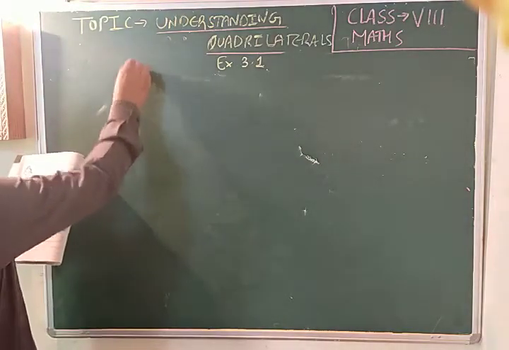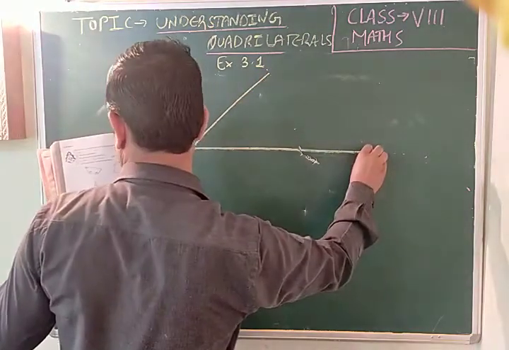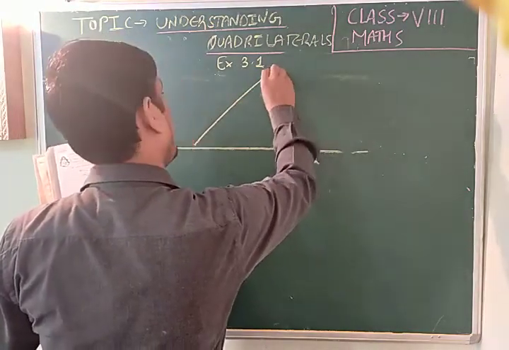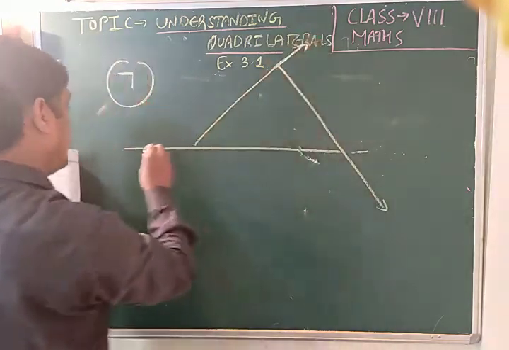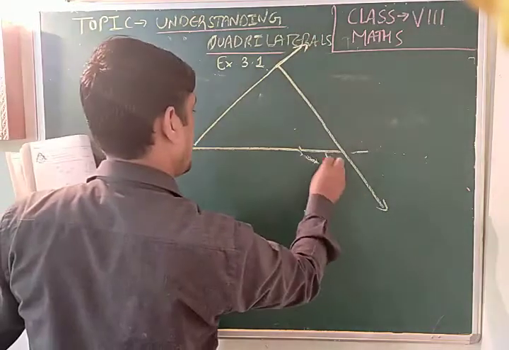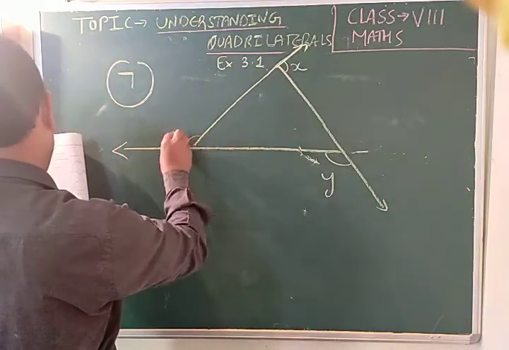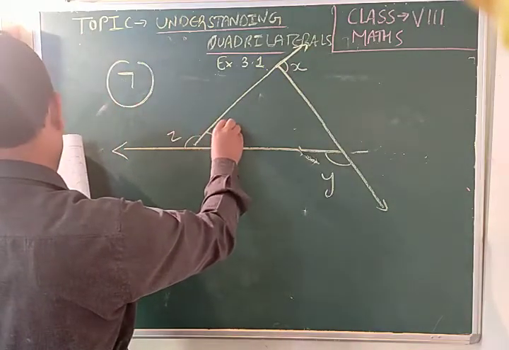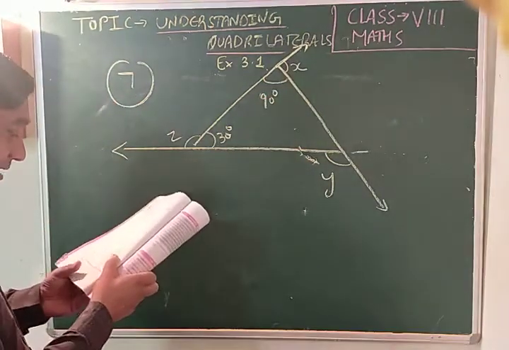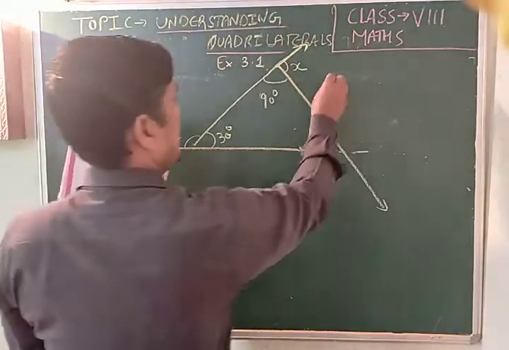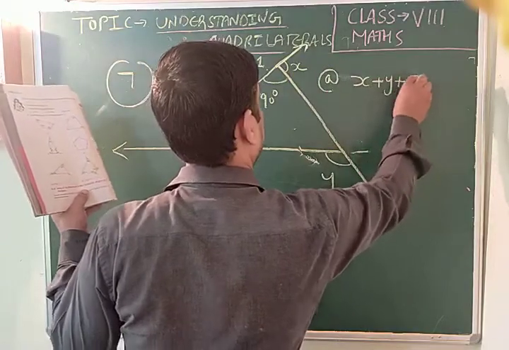Question number 7 is like this. This is y, this is x, this is z, this is 30 degree, this is 90 degree, this is 90 degree. And here we have to prove the sum of x plus y plus z.